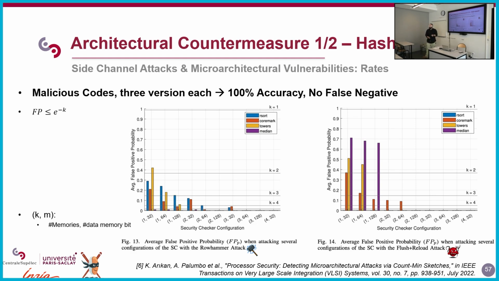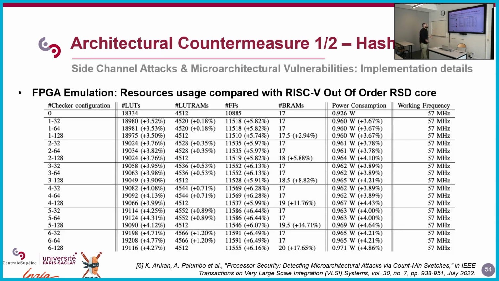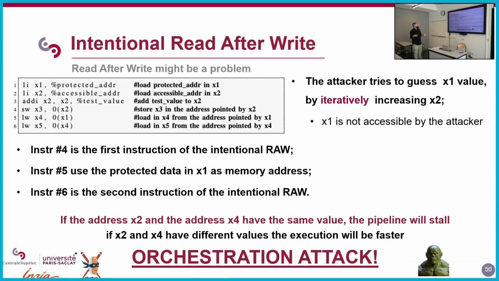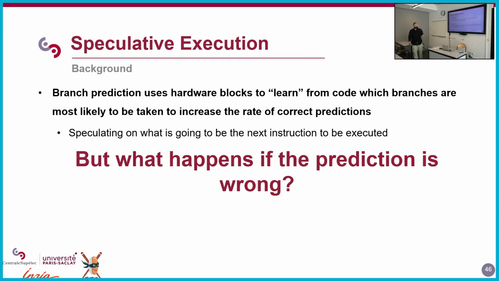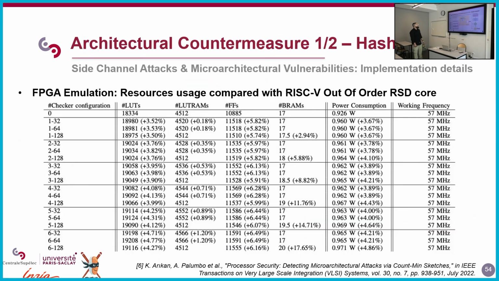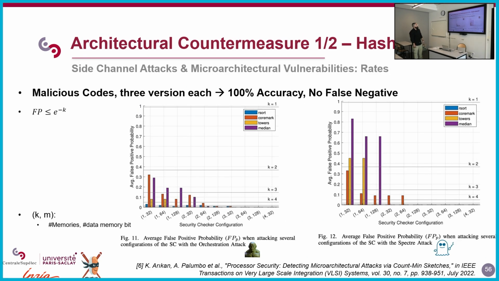Could you comment on which benchmarks you are using precisely? Qsort, Coremark, Towers, and Median for this implementation. For the hardware Trojans, there were some others. Those here for Spectre: Qsort, Coremark, Towers, and Median, which we were nesting in this application.